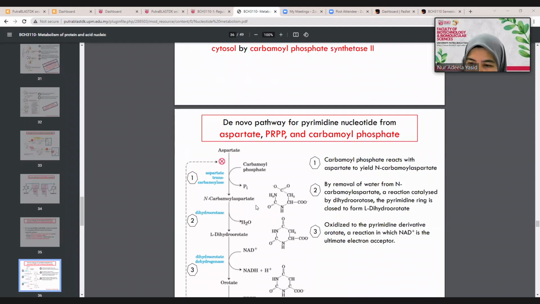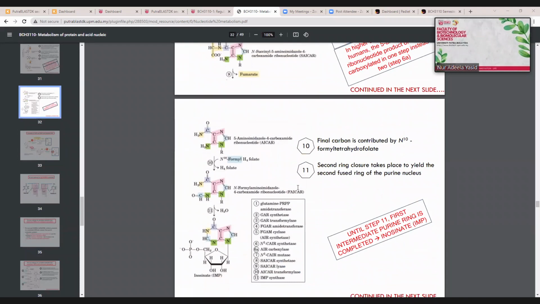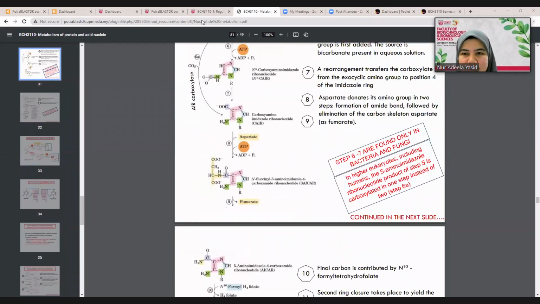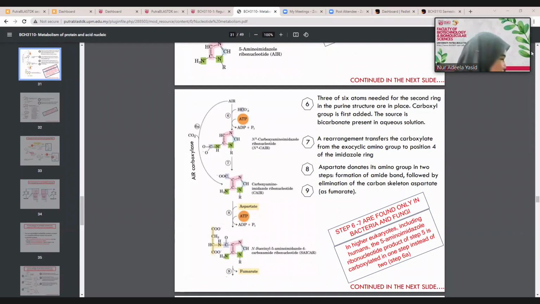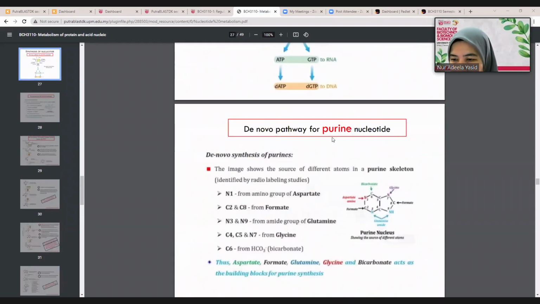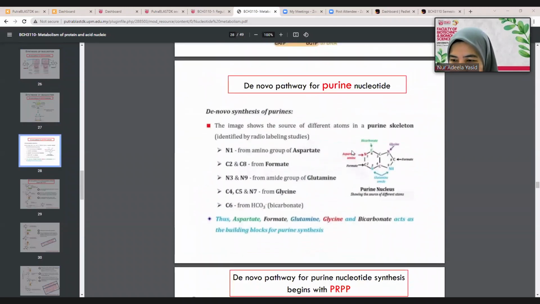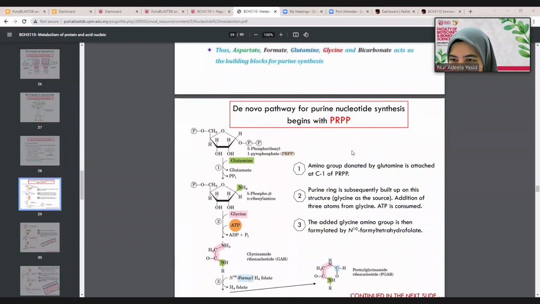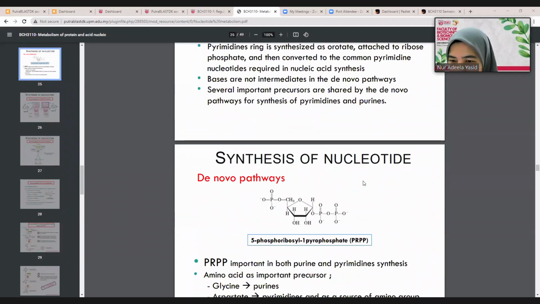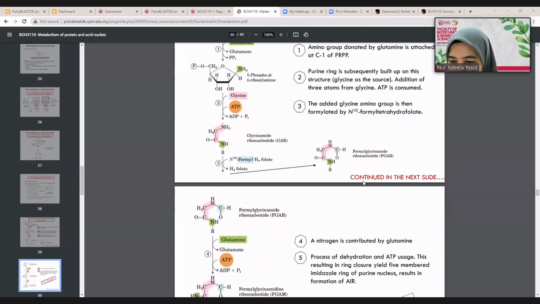If we look at the structure of purines, this is adenine, a purine. Now I'm looking for the structure of pyrimidine.